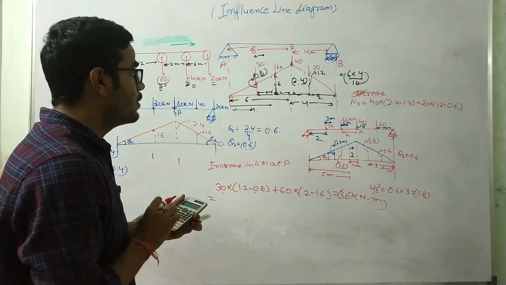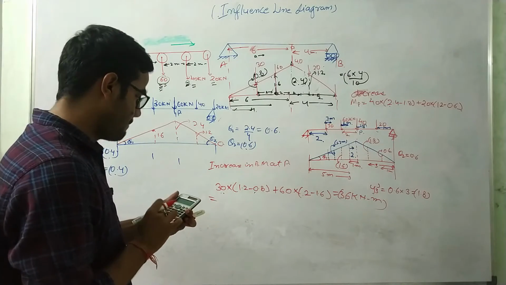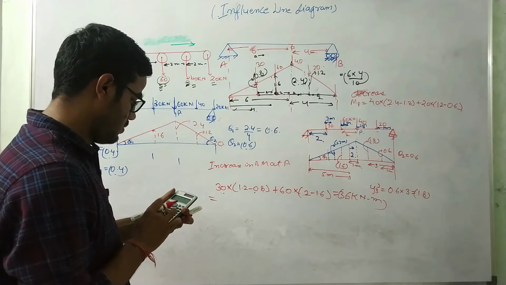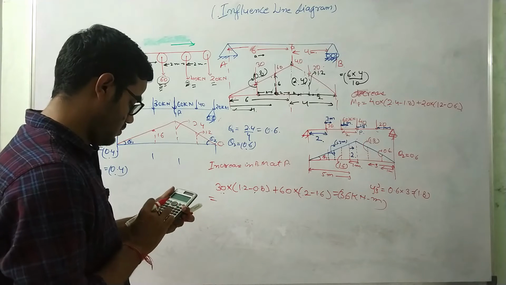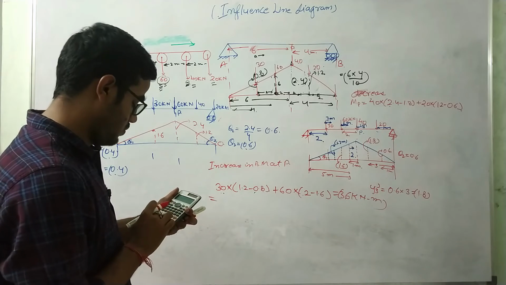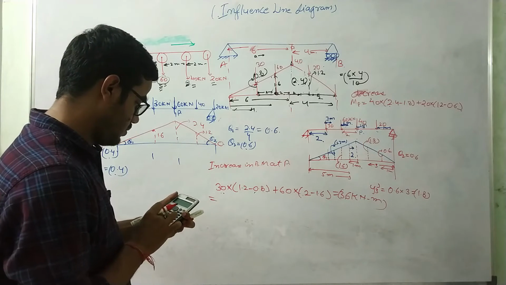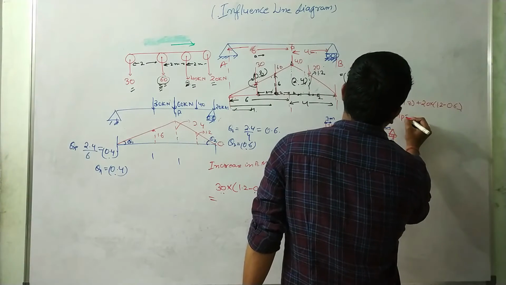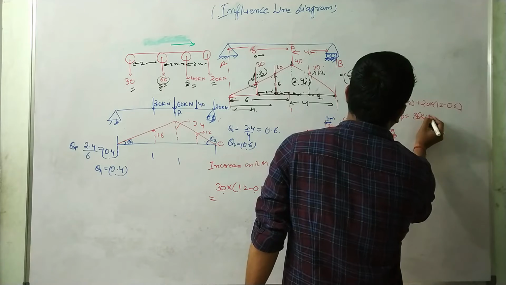So this value again comes out to be 36 kilonewton meter.